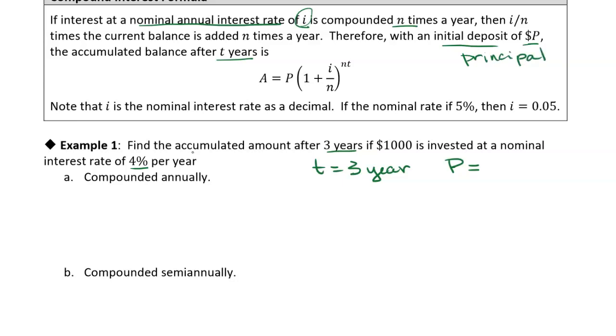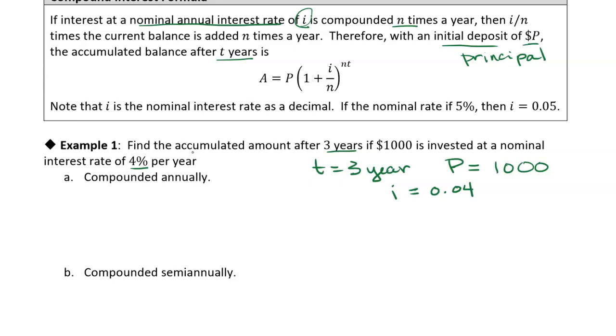So the initial deposit is $1,000, and our I value, the nominal interest rate, is 4%. Now I'm going to write this as a decimal, not as a percent. In this formula the interest rate has to be written as a decimal.